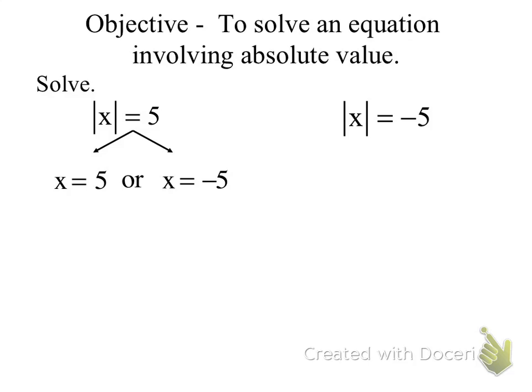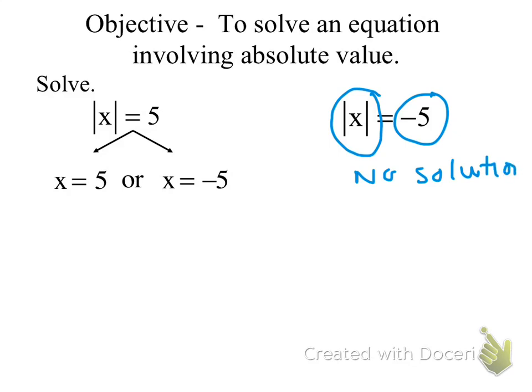So what Josh said was that because this is equal to a negative amount, this is a no solution, because there is no absolute value that equals a negative amount. Absolute value is distance from 0.